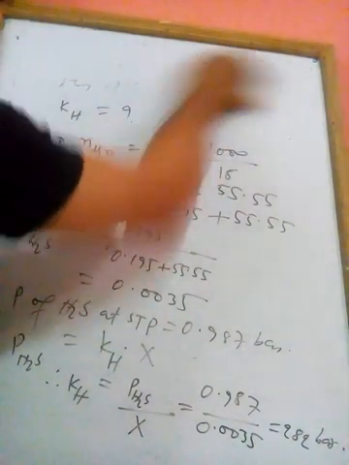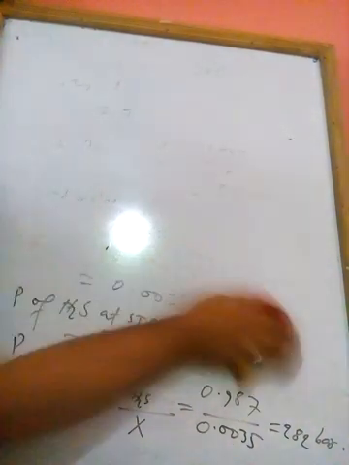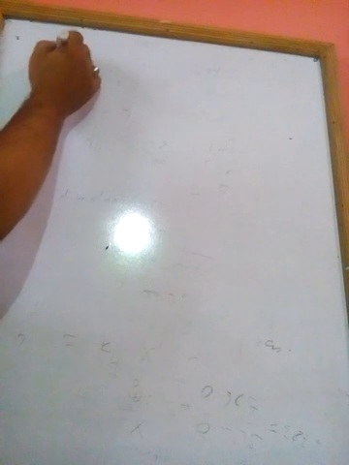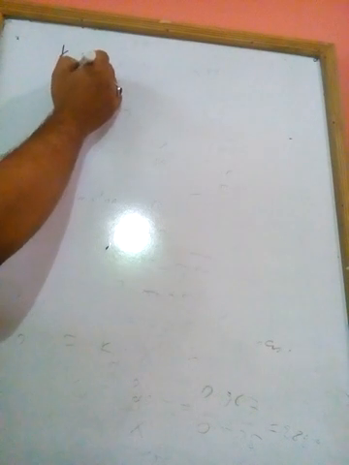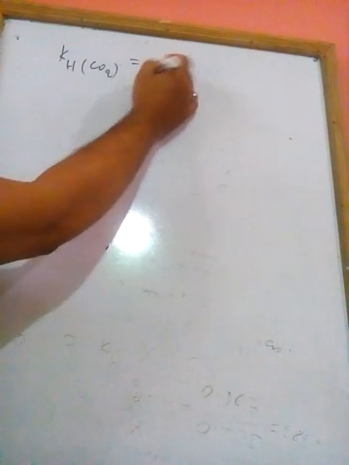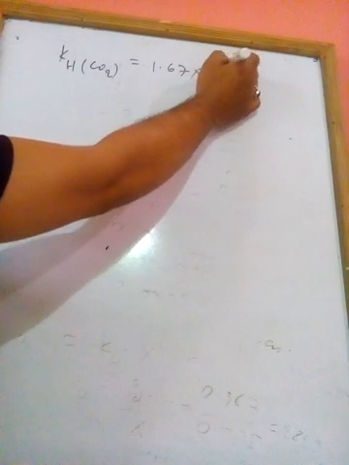So the next question. Henry's law constant, that is KH, for CO2 in water is given as 1.67 into 10 to the power 8 Pascal.